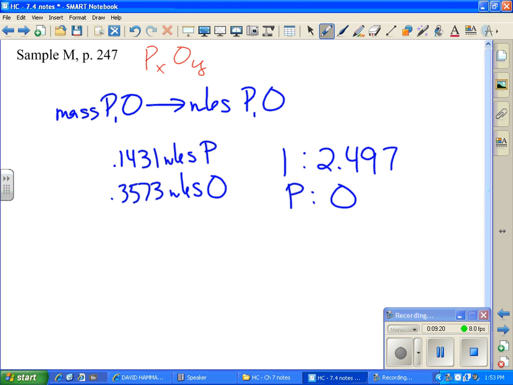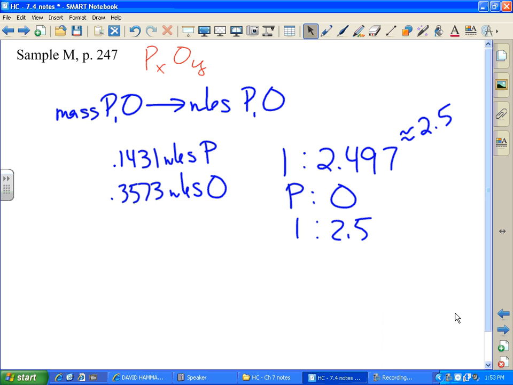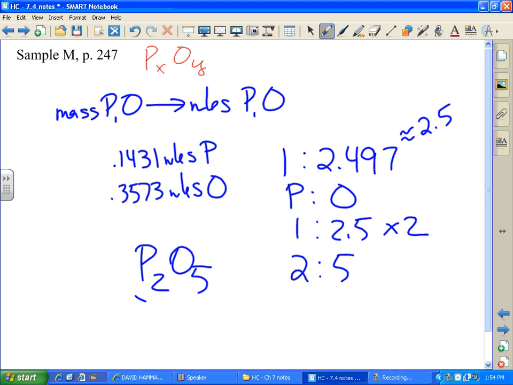Well, our formula can't be 1 to 2.497, so here we do a little rounding and make the assumption that we're going to call this 1 to 2.5. In math class, again, we want a final answer that's a whole number ratio. So instead of 1 to 2.5, we multiply by 2 and get a ratio of 2 to 5. So our final answer is P2O5, as they have written in that sample problem.